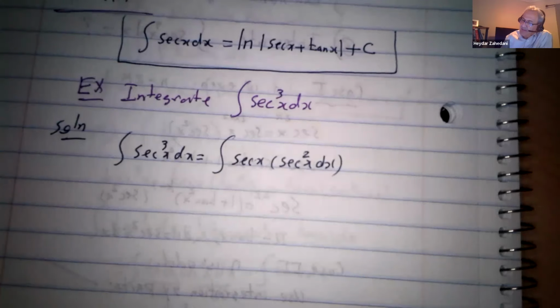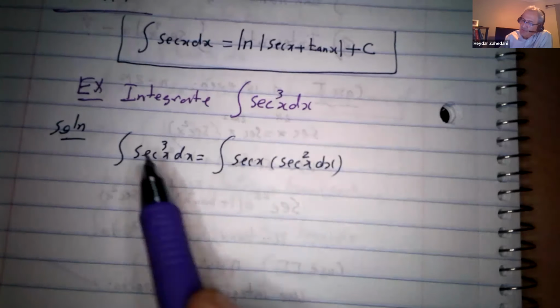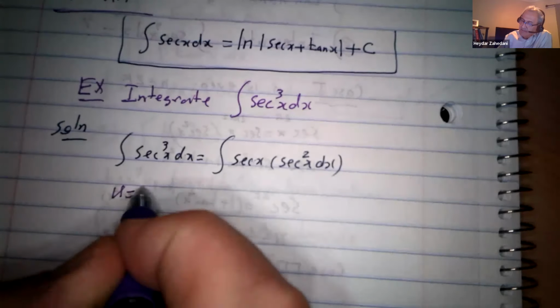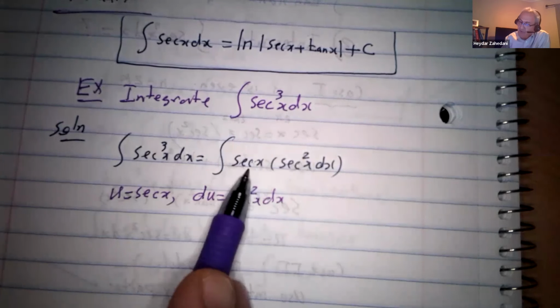Now, we are going to take this one to be u, secant. The leftover would be dv, secant square of x dx, always, always. So if this is to the fifth, you pull out the secant square, this would be secant cubed. Okay, always.